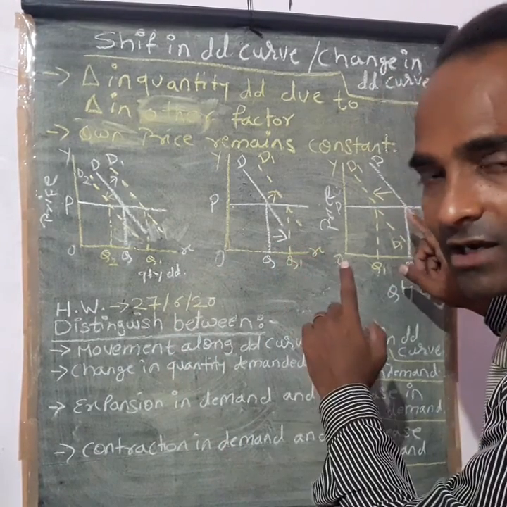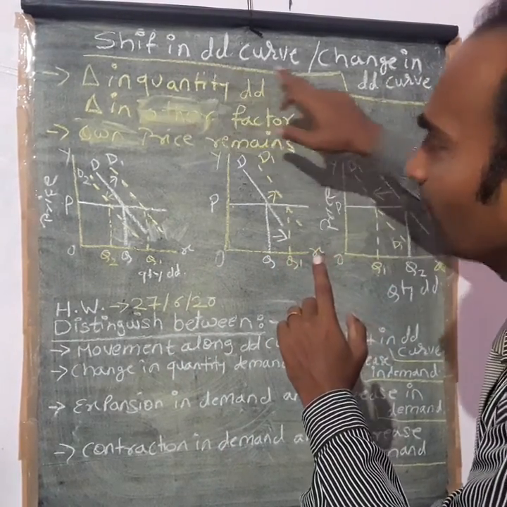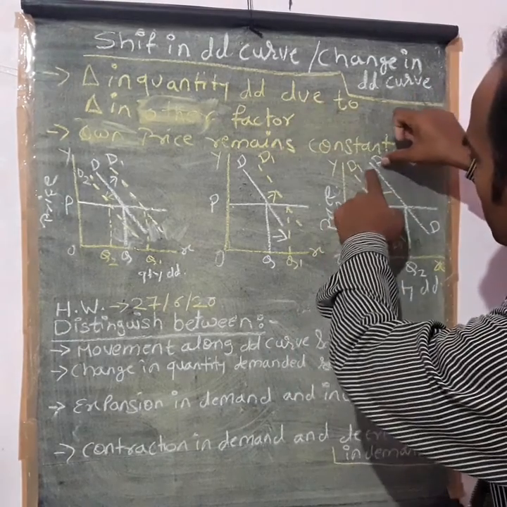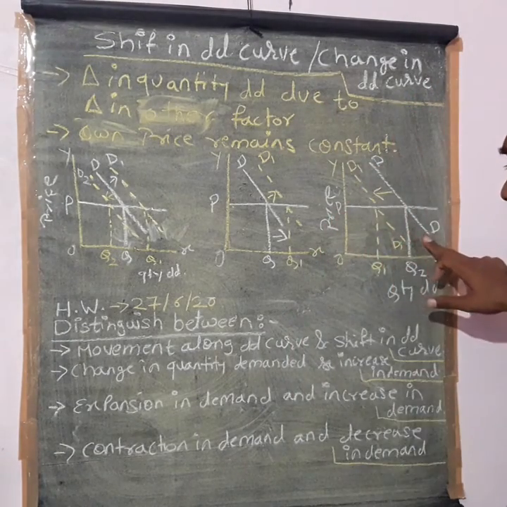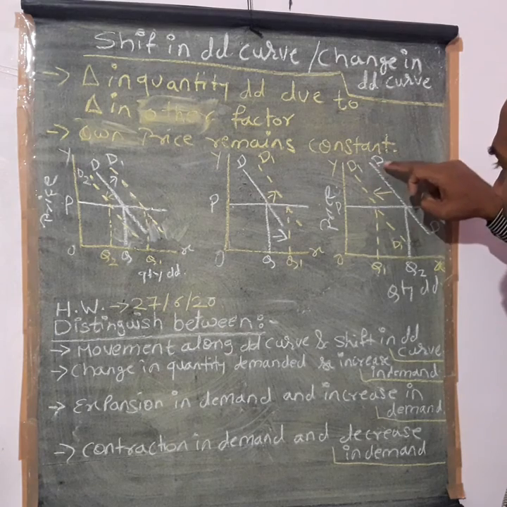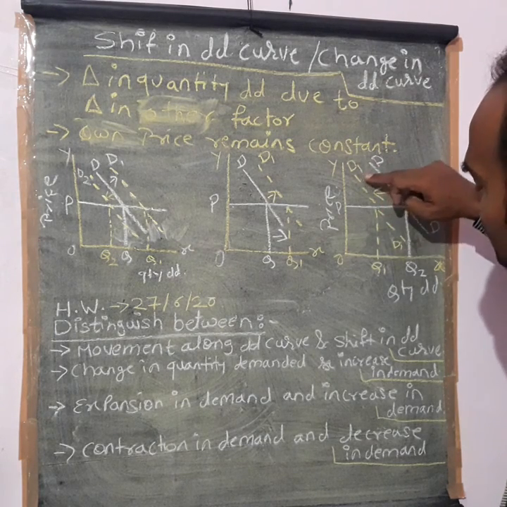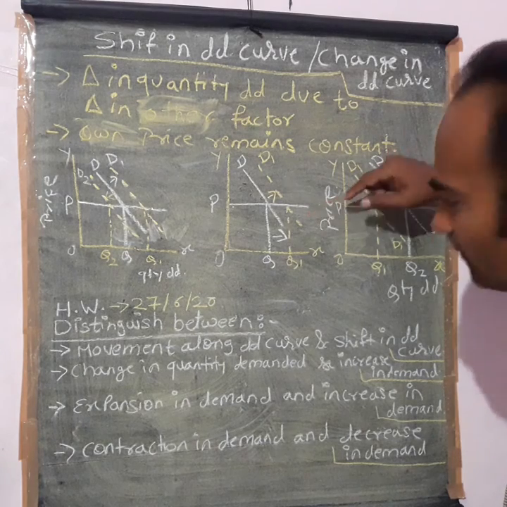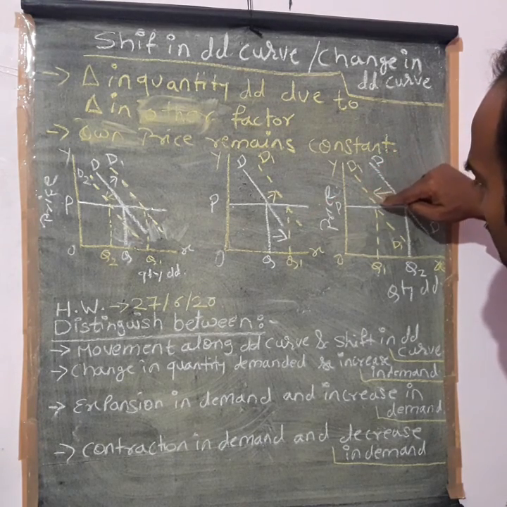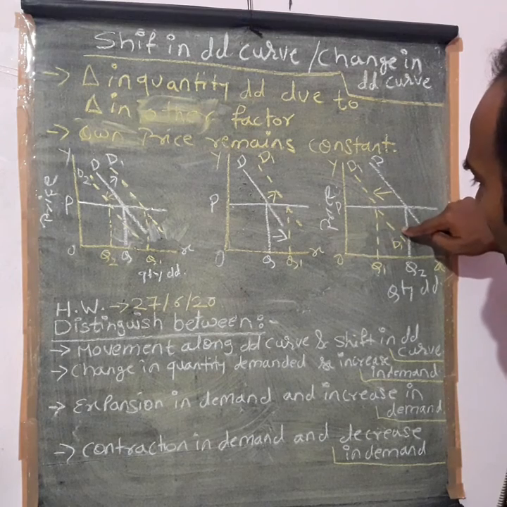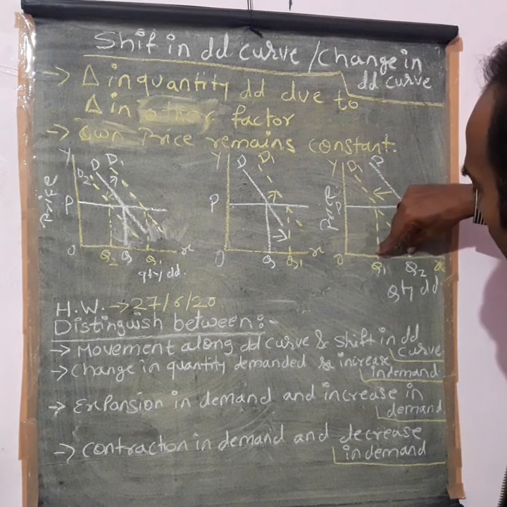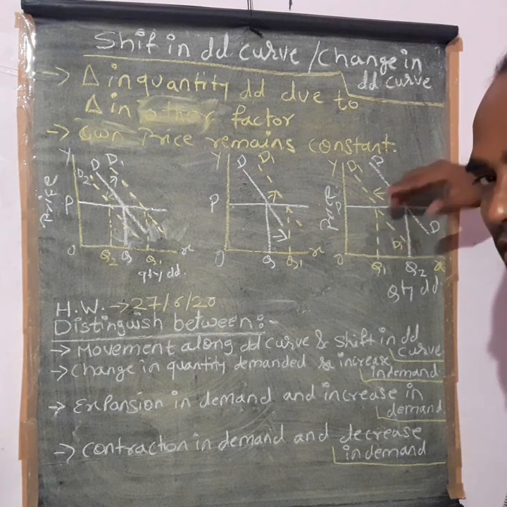Now, a decrease in demand is another shift in the demand curve. See, the demand curve is originally given here, and the demand decreases because of a decrease in income, and it will shift towards the left. You can see the demand curve shifts left, correct? Why does it shift towards the left?